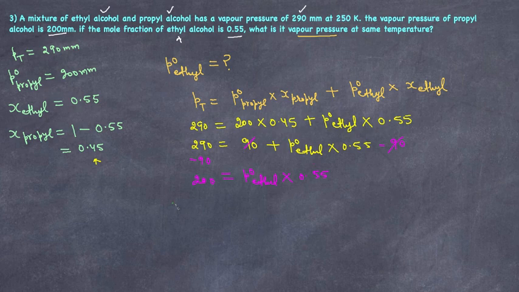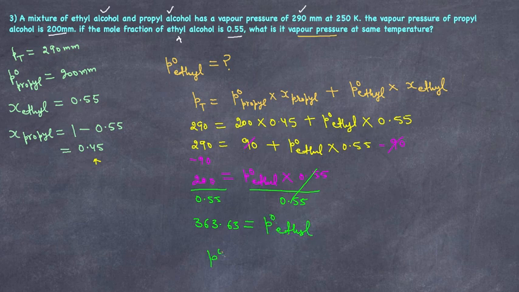If I divide both sides by 0.55, these two will cancel out, and 200 over 0.55 is going to be 363.63. So P naught ethyl.